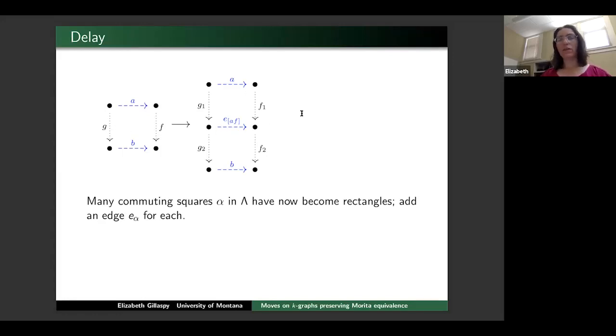And the color of that new edge is going to be the other color. If we're delaying black edges by splitting the black edges into two, then the new edge, this E alpha that we add, is blue in this case because we were looking at a black-blue factorization square.